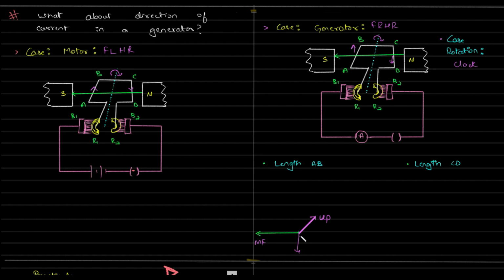Make sense? It's not that hard. This is your thumb pointing up, this is your forefinger, this is your middle finger.